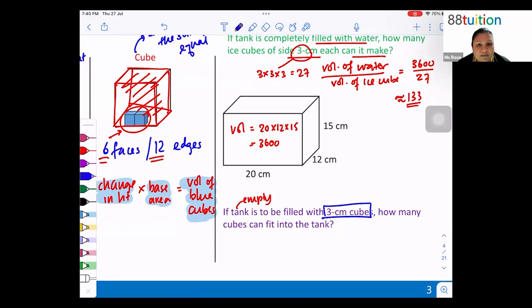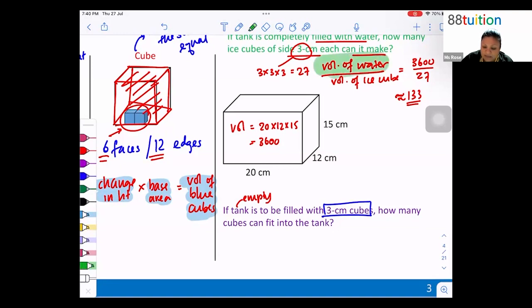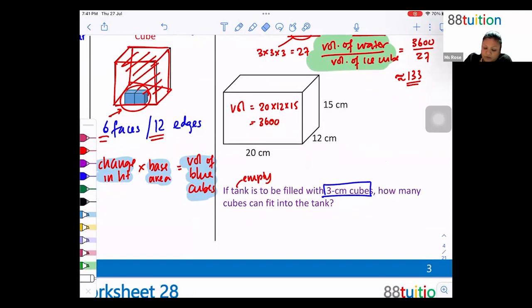Can you apply the same method here? You cannot. So to find the number of cubes, you need to find out how many cubes can fit the length.